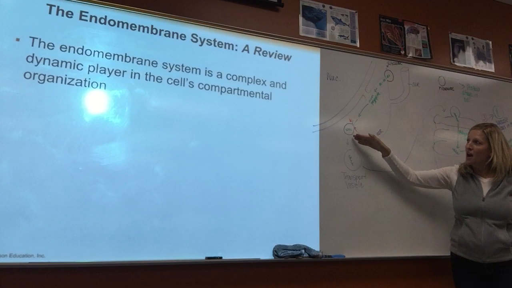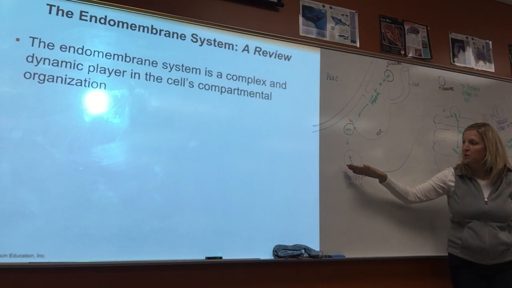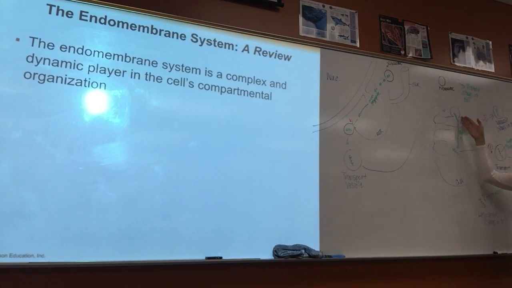That protein buds off of the ER into a transport vesicle that travels to the Golgi apparatus. The transport vesicle fuses with the membrane of the Golgi apparatus, and that polypeptide is modified through the Golgi apparatus. When it's done being modified, it buds off of the membrane from the Golgi apparatus, becomes a transport vesicle that fuses with the cell membrane and is secreted from the cell. Okay? That's a big thing for this chapter.